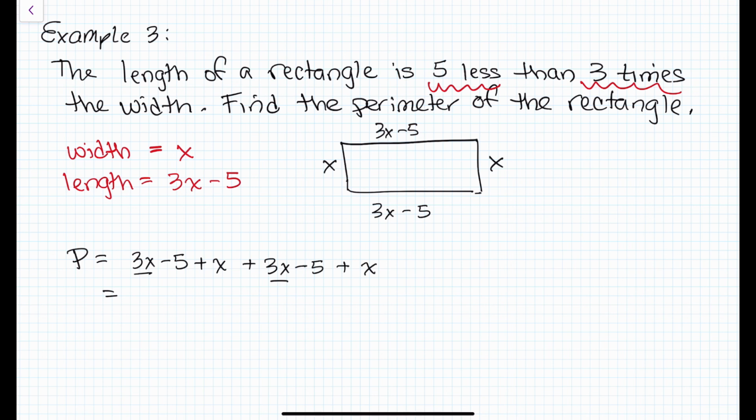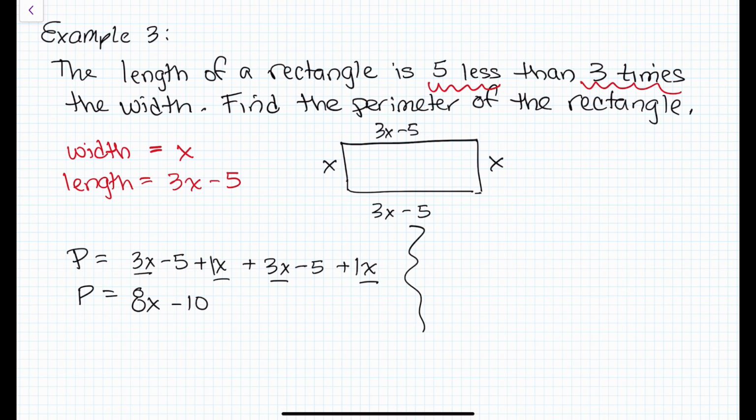So I have 3x, 3x, a 1x, and a 1x. So 6 and 2 is 8x. And then I have minus 5 minus 5. So I get minus 10. So the perimeter is 8x minus 10.